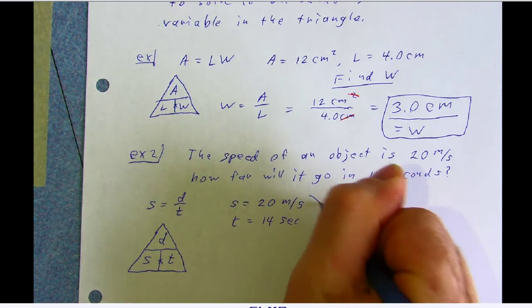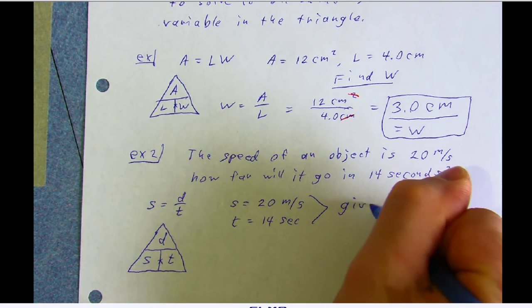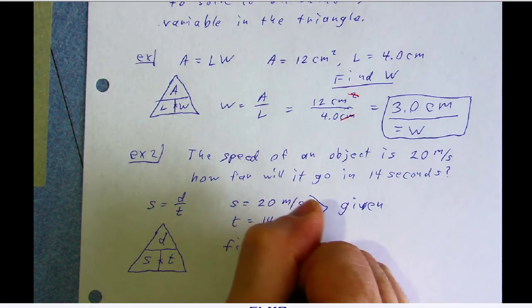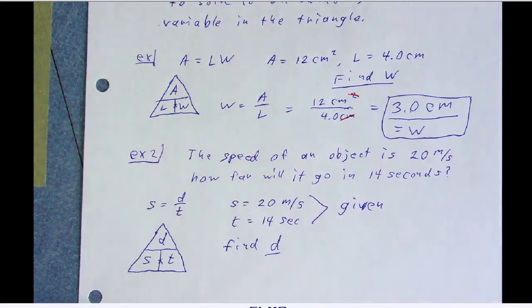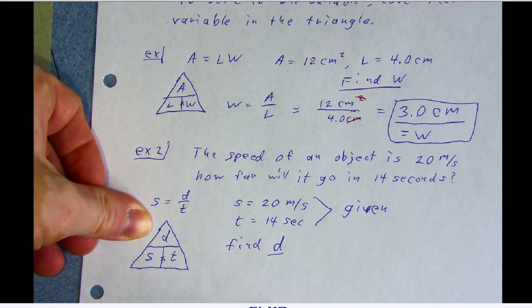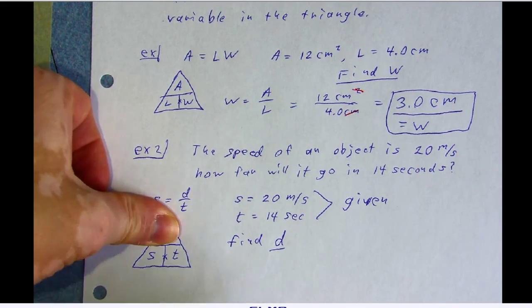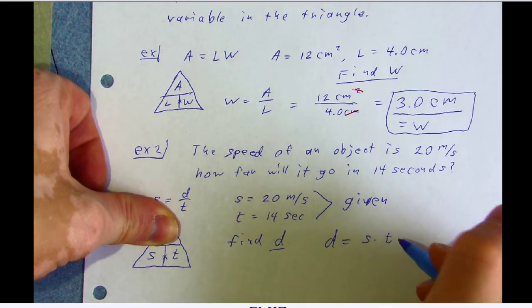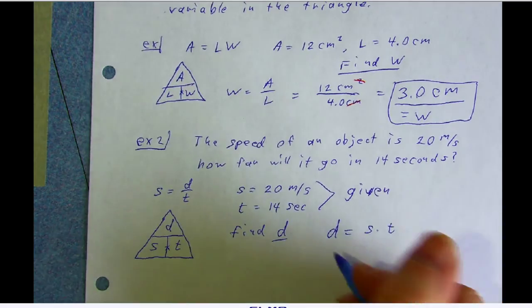These are given. Find D. So what's D? So we're given this equation. We put it in the triangle form. We can see, oh, D is just speed times time.